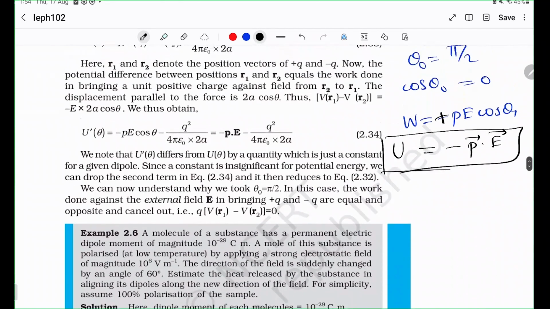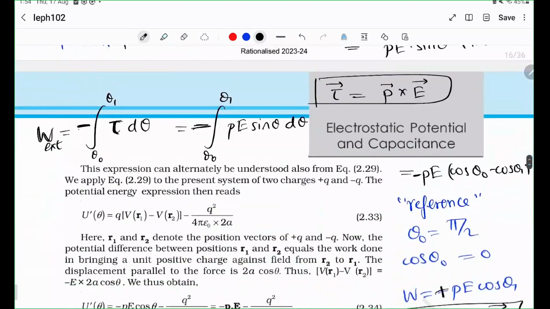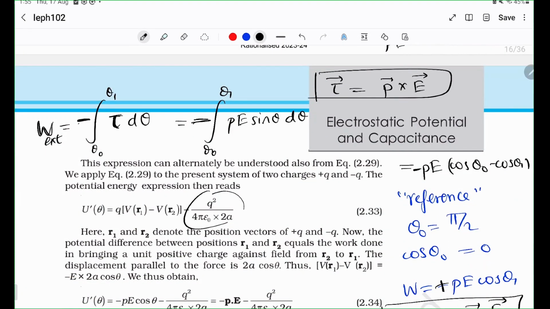So just to recap, torque is P cross E and potential energy is minus P dot E. Please note that there is no arrow over the potential energy because potential energy is a scalar. Okay, so this is all it is, and this is the extra term.